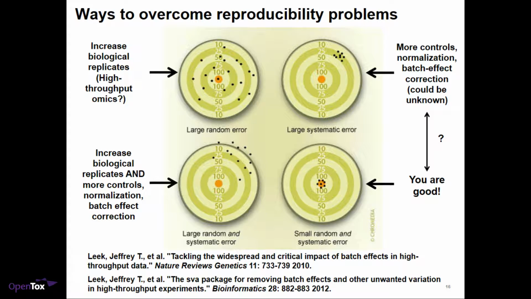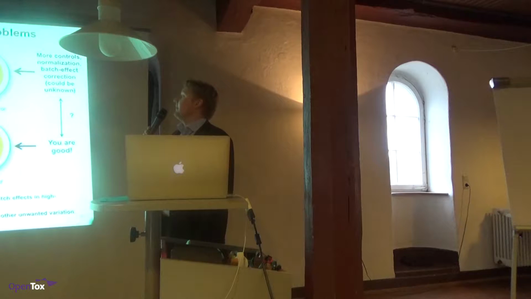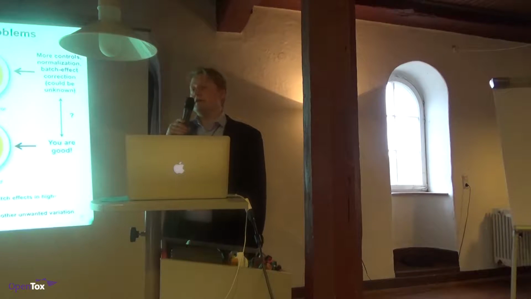And if you have a situation where you have a large systematic error, this can be more problematic to overcome, because maybe it's very difficult to distinguish it from the best possible situation, because if you don't have a point of reference, then doing interlaboratory testing or additional controls might be very important, and trying to detect so-called batch effects and trying to normalize them with bioinformatics methods and so on.